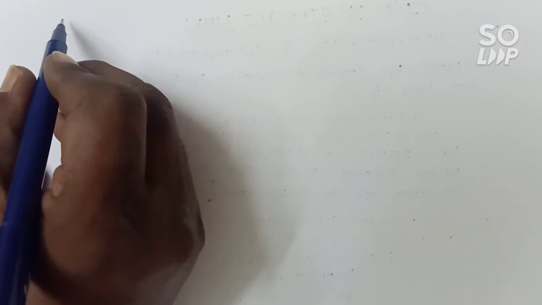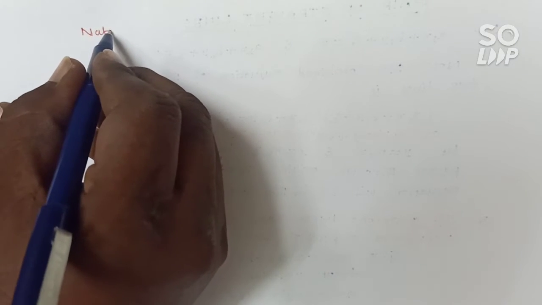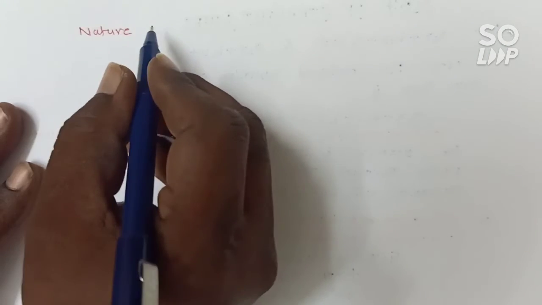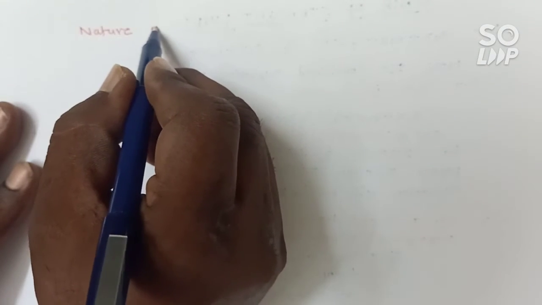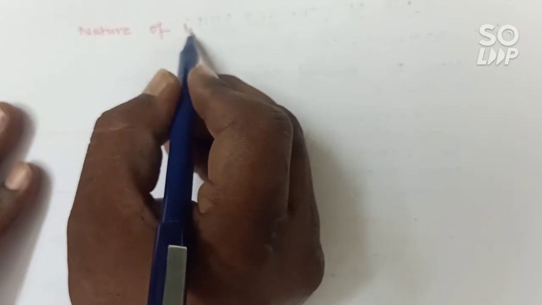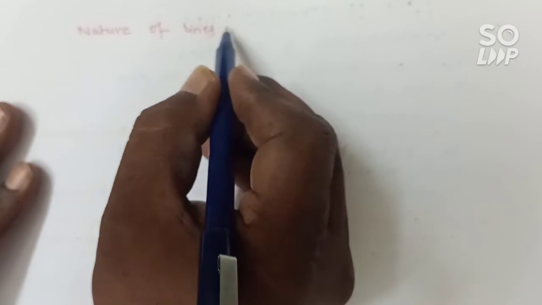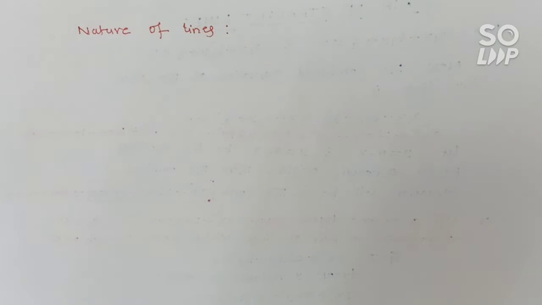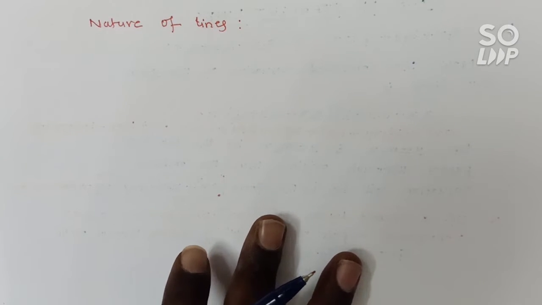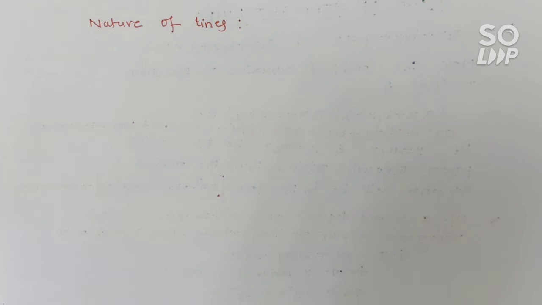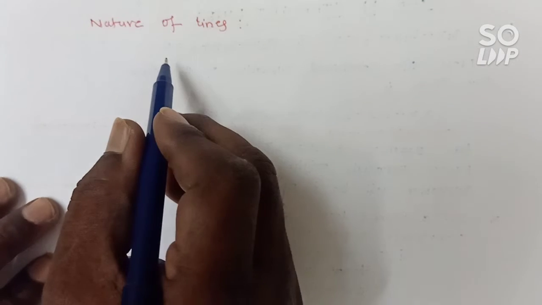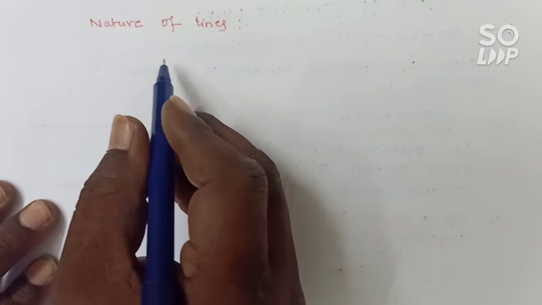See, here is the nature of the lines. Nature of lines means in the above result we have two equations which pass through origin.